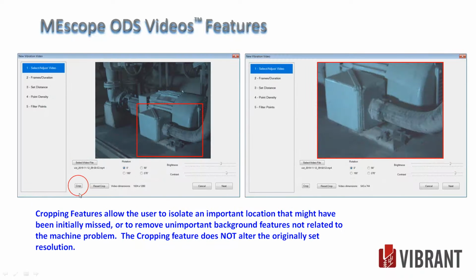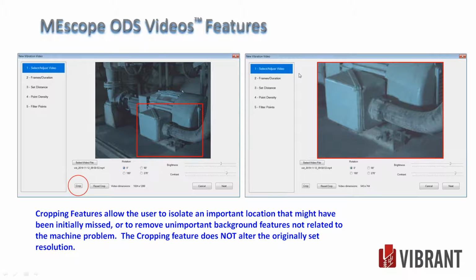There's this crop feature where we can go in and draw a box and it'll zoom in, but it's not really changing the resolution. This was a total 1040 by 1280 resolution. Now this box that was cropped is 543 by 744. So we're not increasing that magnification at all.